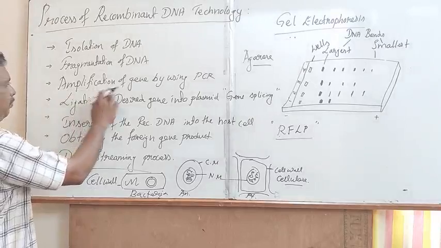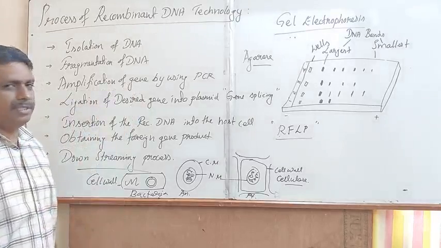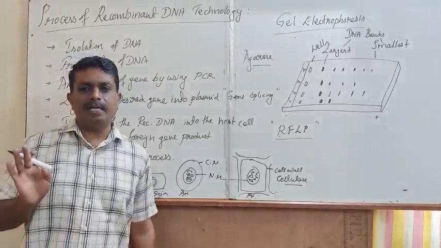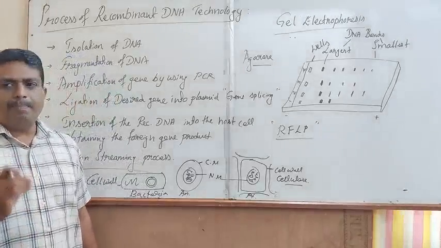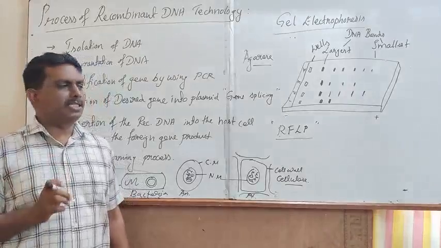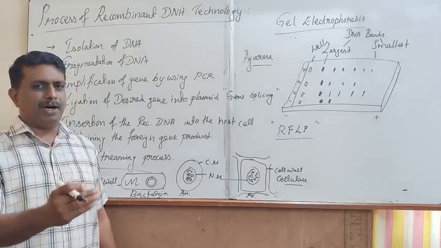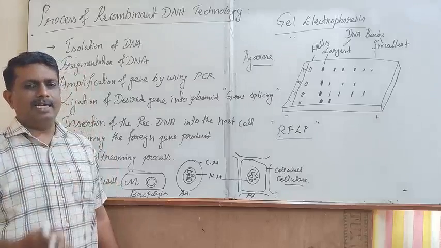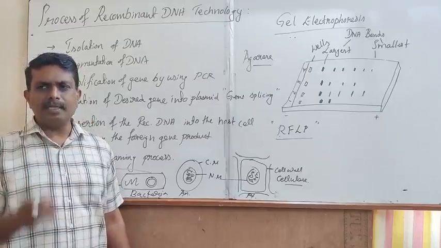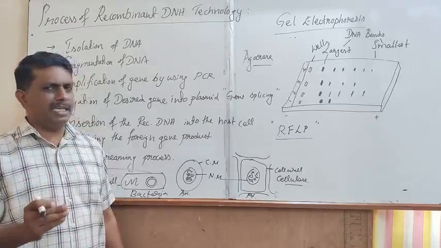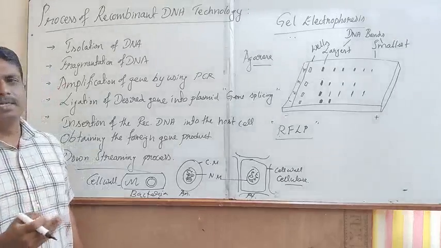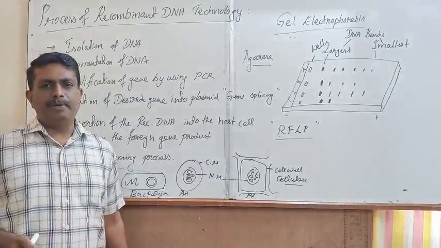The third important step is the amplification of gene by using polymerase chain reaction. Amplification of a gene is defined as the process of obtaining multiple copies of identical DNA or identical gene, called DNA amplification.